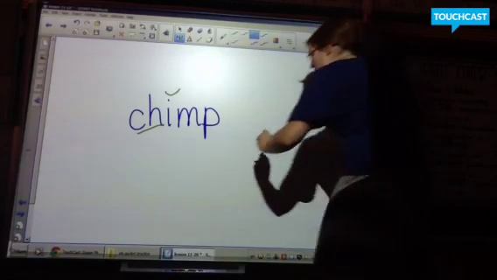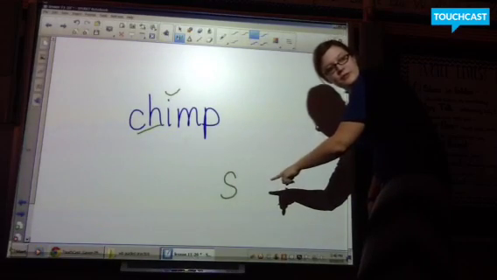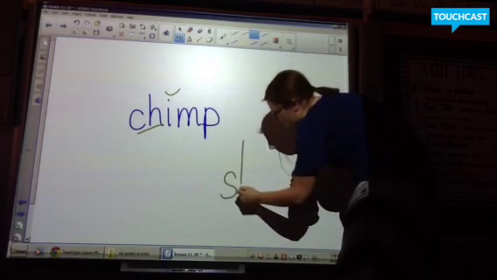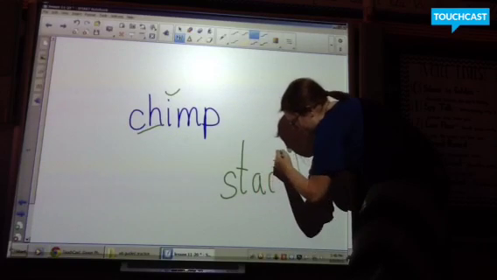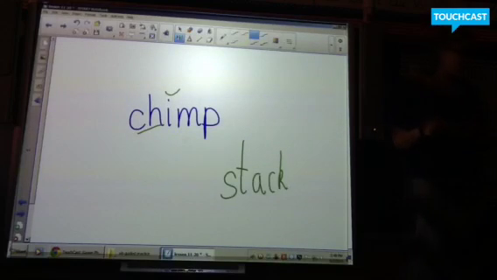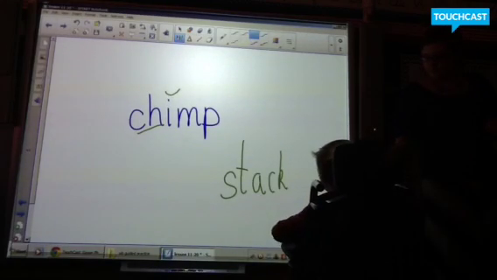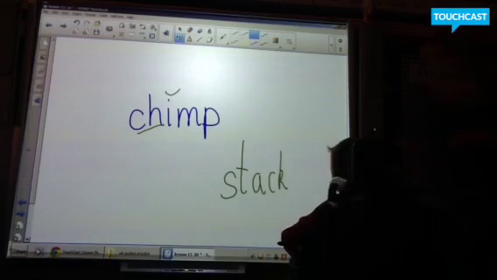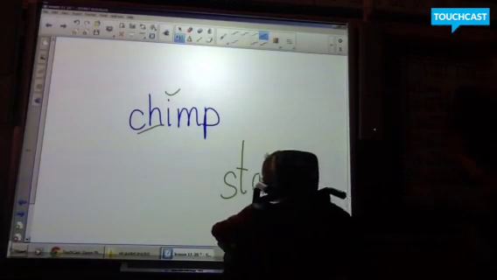Let's try this word. Rule, is that a good level for you to reach? All right, come here, Rule. Here, I'm going to change the color so we can tell what is our coding.